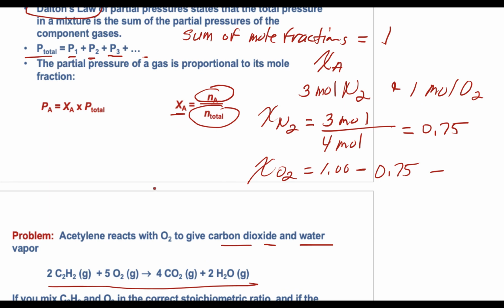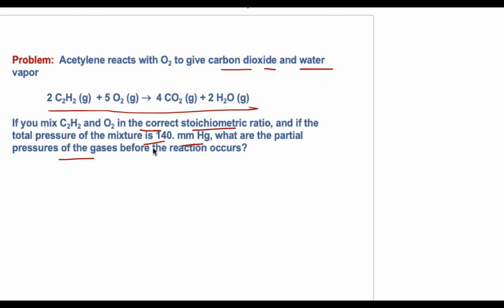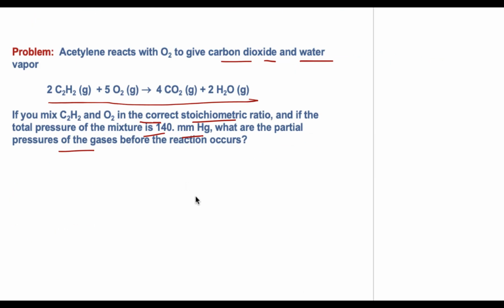Now remember, back here, a partial pressure is equal to the mole fraction times the total pressure. Okay, so let me go ahead and write that down. So the partial pressure of acetylene is going to be equal to the mole fraction of acetylene times the total pressure.